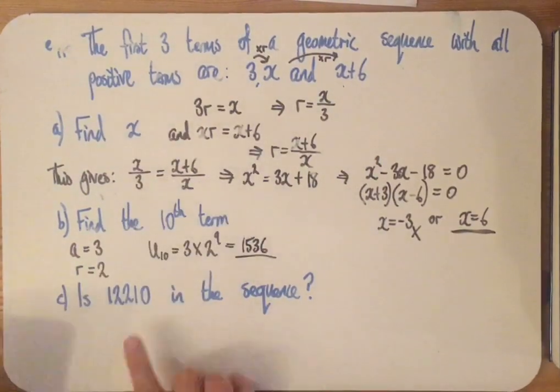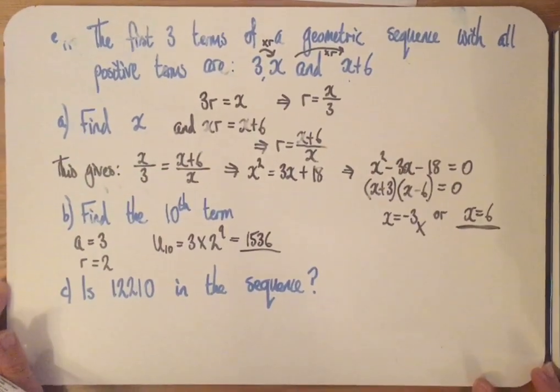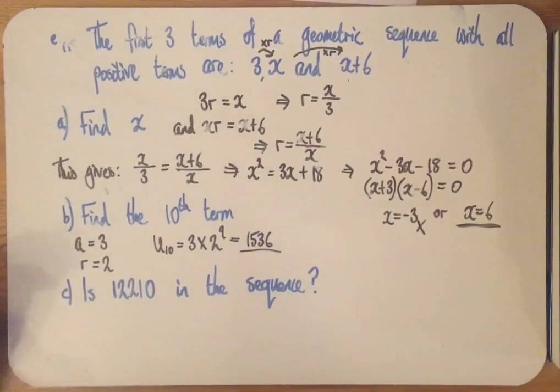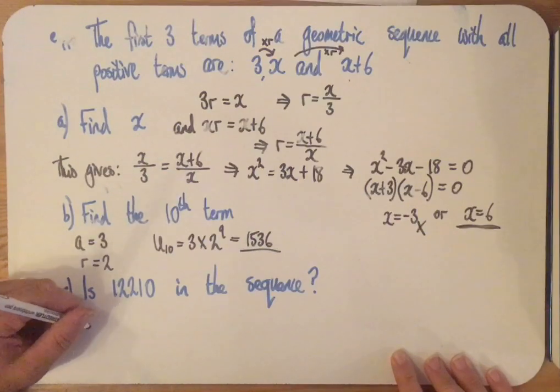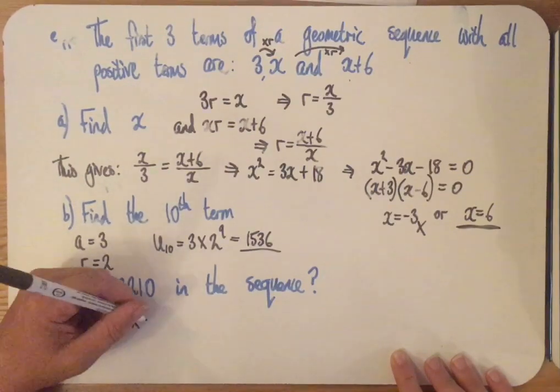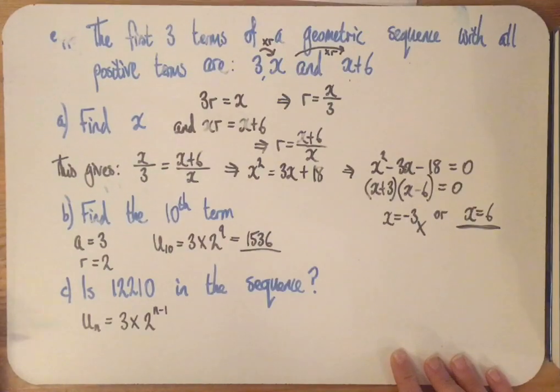And then to find whether 12,210 is in the sequence, it needs to be a term in the sequence. So for this particular sequence, the nth term is equal to ar to the power n minus 1.